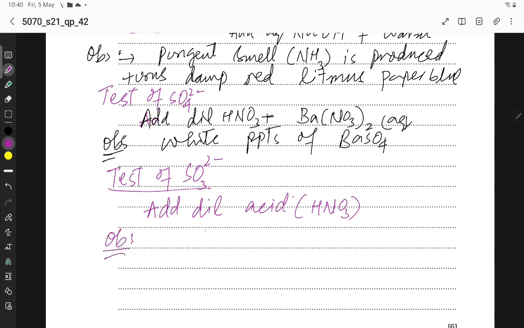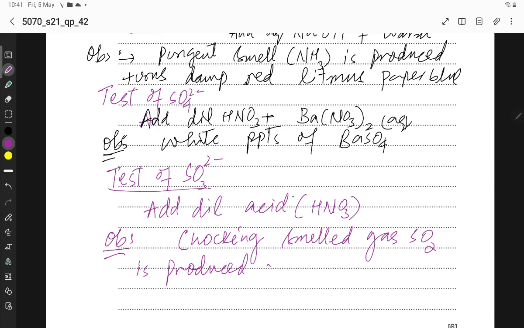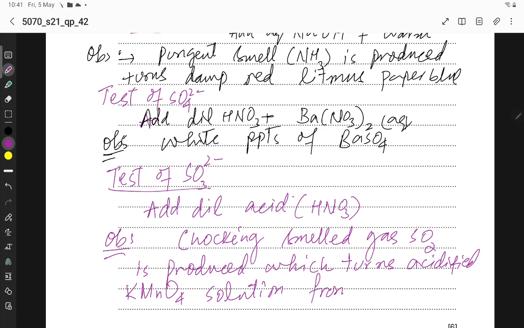Observation: choking smell gas, sulfur dioxide, is produced, which turns acidified potassium manganate solution from purple to colorless.